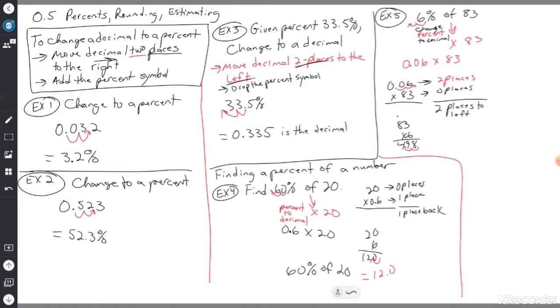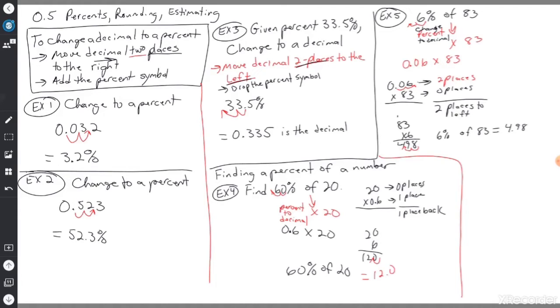Then do you have to write the percent sign at the end of it? No, that's the value, because we're taking 6% of that number. You're getting the value of the 83. Okay. So for our answer, 6% of 83 is 4.98.